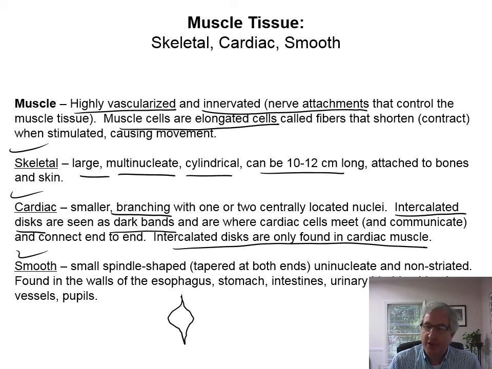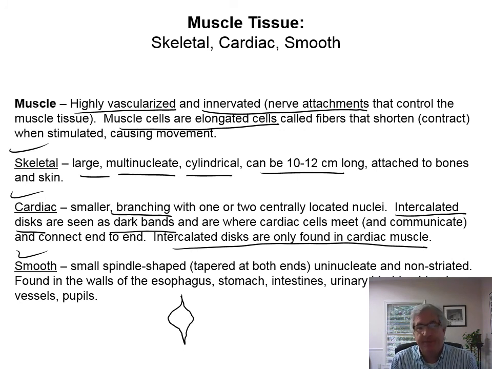Skeletal muscle is under voluntary control, so you can move skeletal muscle. Cardiac muscle and smooth muscle just move by themselves, in a sense. Your brain controls them, but they and other nerve plexuses control their contractions.